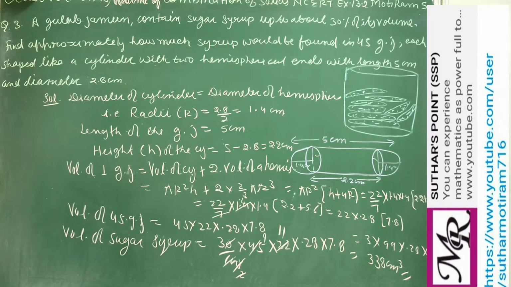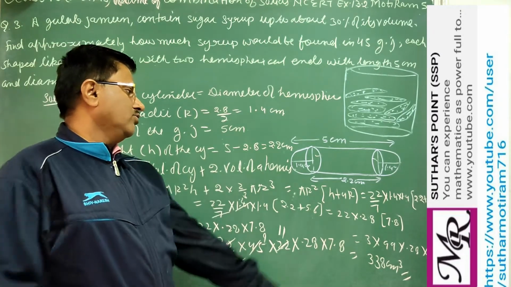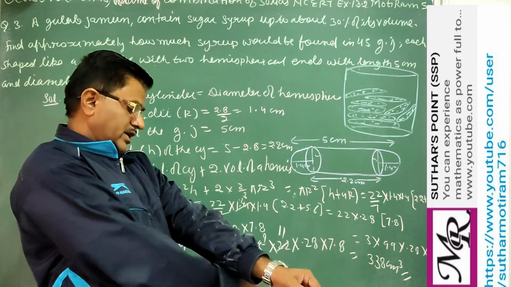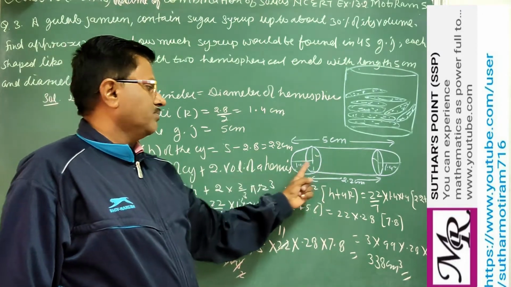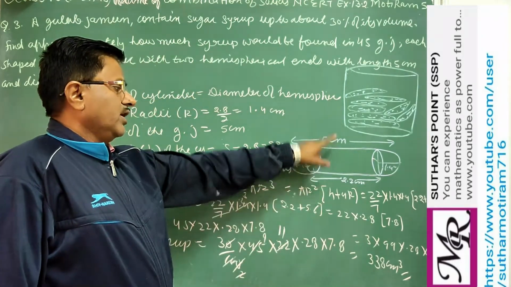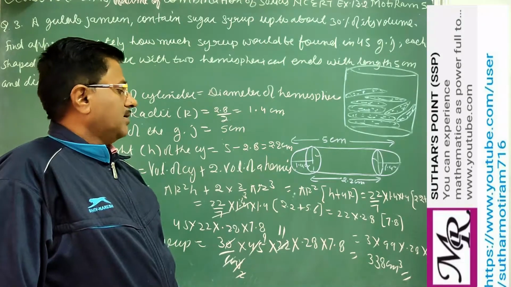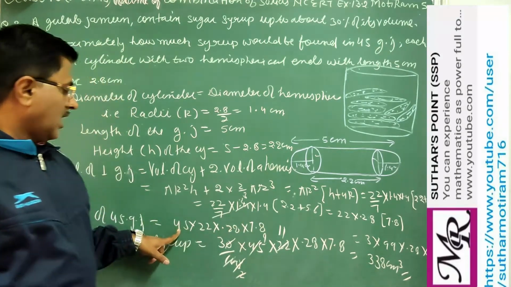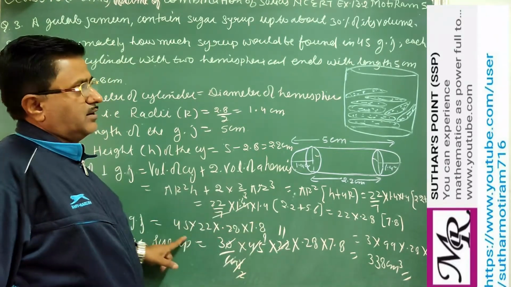So a very important thing is there. First of all, you have to see here, dear student, that we want to find the volume of 1 gulab jamun, and volume of 1 gulab jamun is equal to the volume of cylinder plus volume of 2 hemispheres. When you get the volume of 1 gulab jamun, then you have to find for 45. So multiply by 45. After getting this, we get the total volume of all gulab jamun.